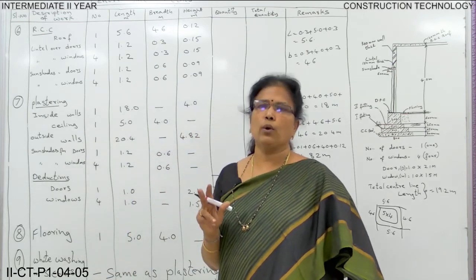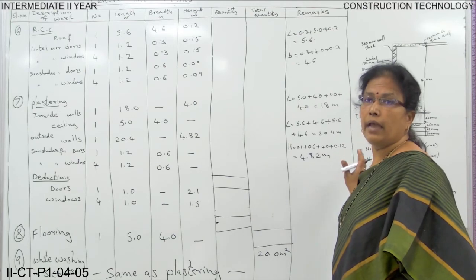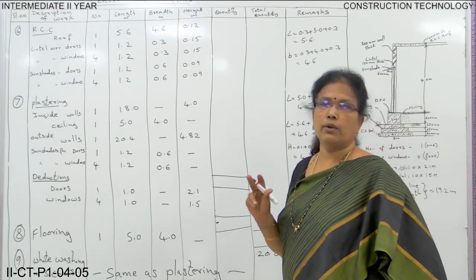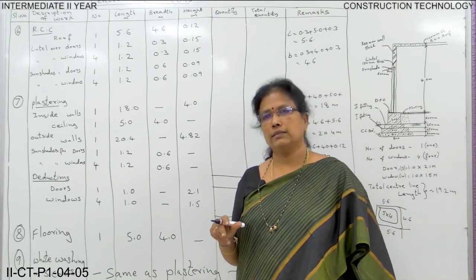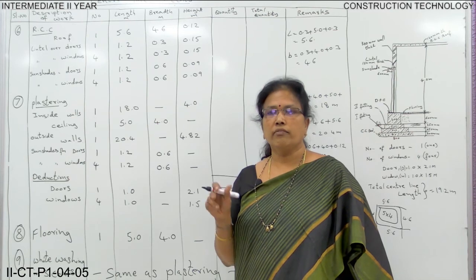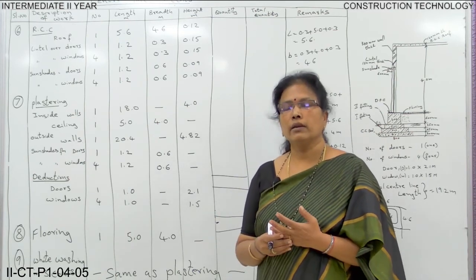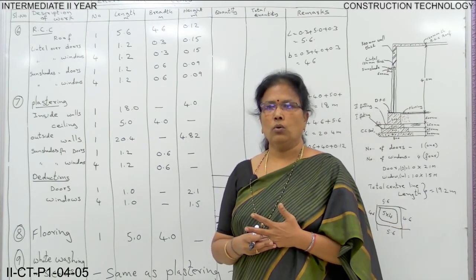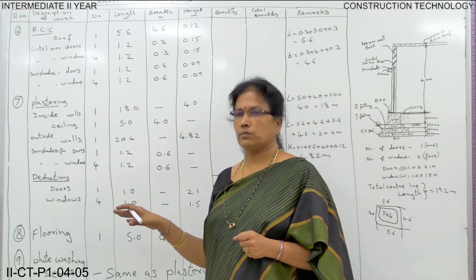They'll just ask you any 2 items. They'll give you the plan, section and the dimensions, and everything is given. You need to calculate only the quantities of the given 2 items, and sometimes 3 items also. If they give 3 items, then each item is given 2 marks, that is 3 into 2, 6 marks. If they give only 2, then each is 3 marks, then 6 marks.